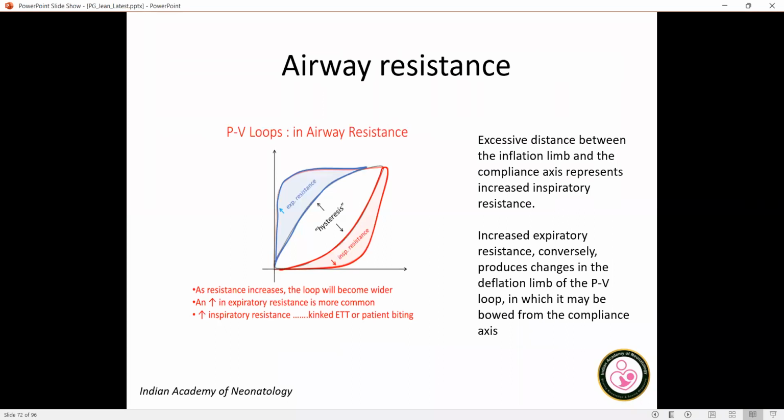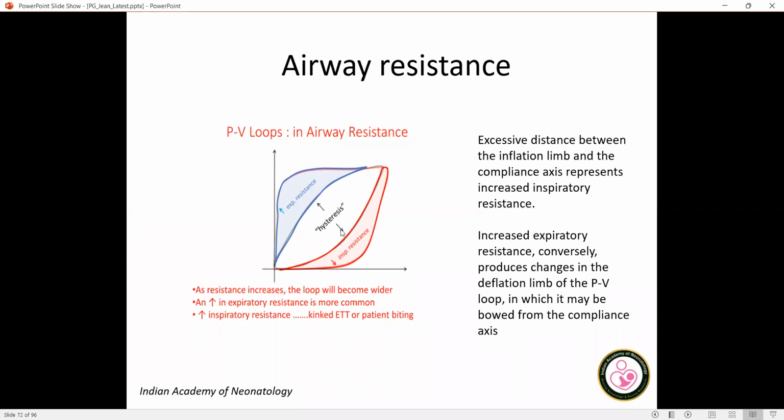Now coming to another important thing we can identify from the pressure volume loop, which is airway resistance. We already discussed that. From the compliance axis, if you draw a line from the midpoint of the inflation limb or the deflation limb to the compliance axis, we can see the resistance. This is inspiratory resistance, this is expiratory resistance.